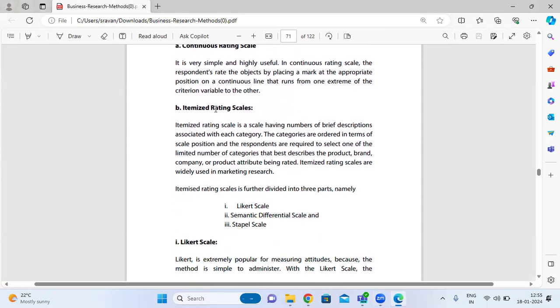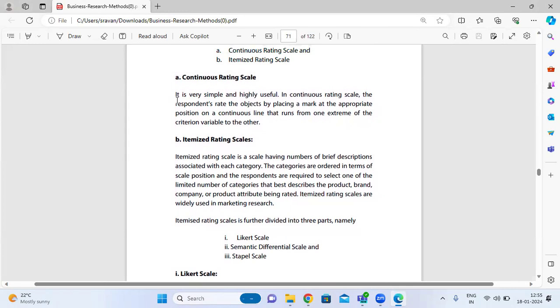Now, the continuous rating scale is very simple and highly useful.